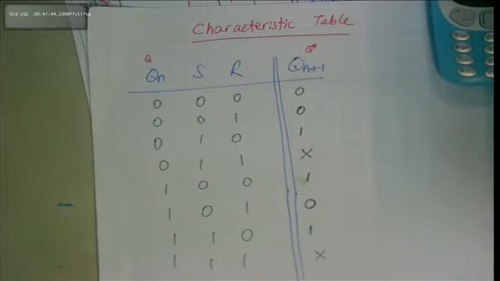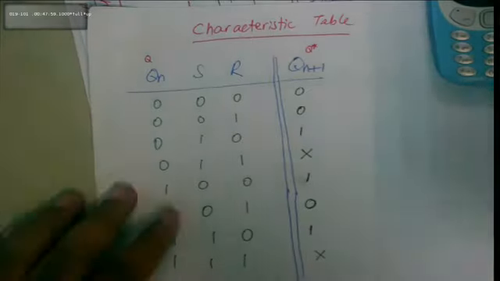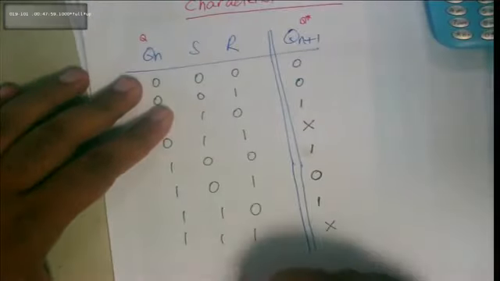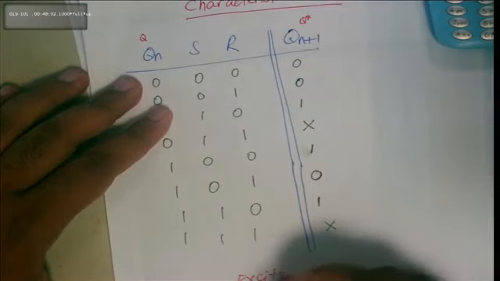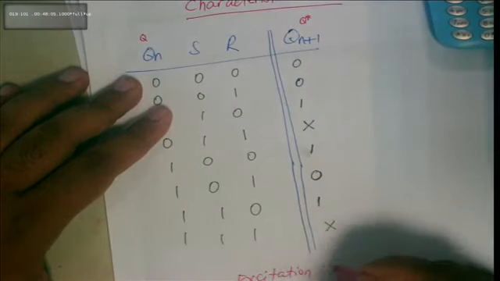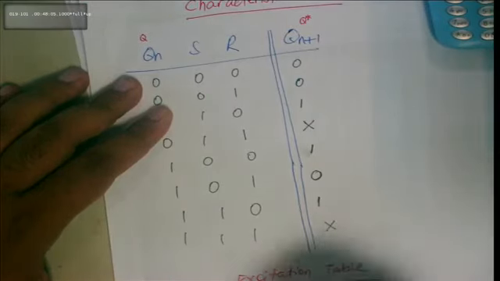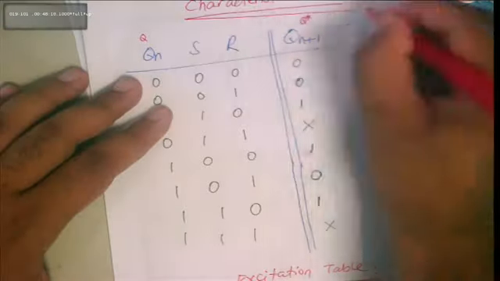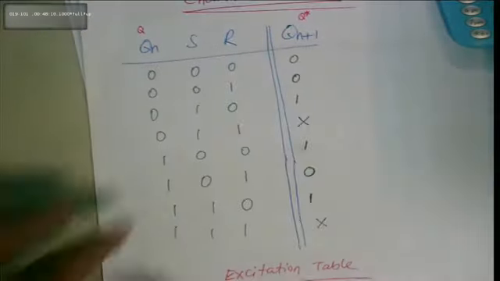But they're all related. If you do the main table, the truth table, everything from the truth table is just downhill. Now, let's move to the excitation table, the SR flip-flop excitation table.